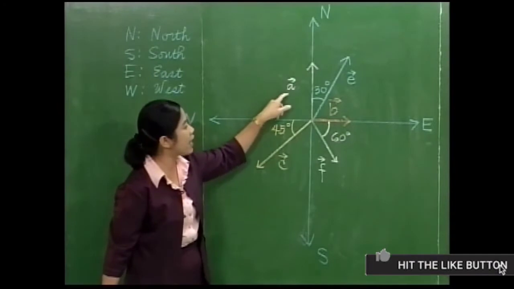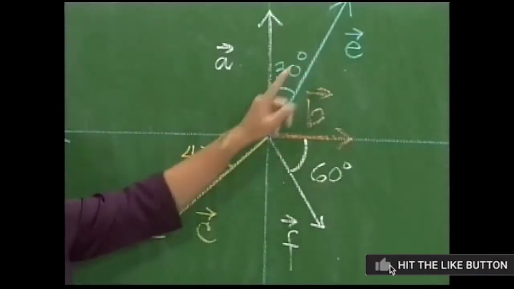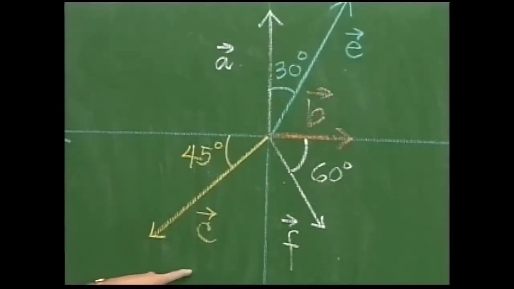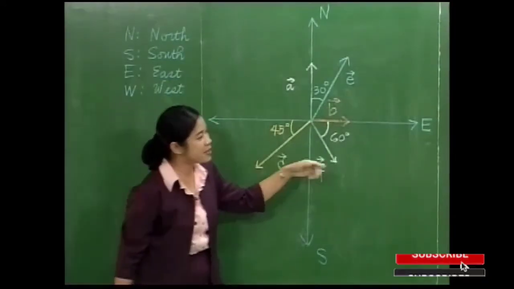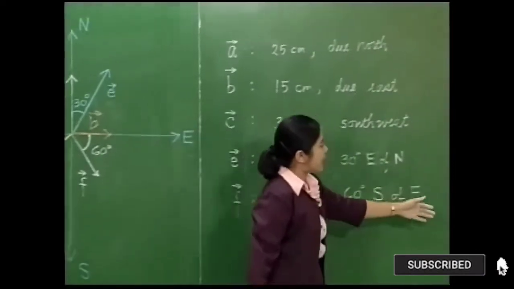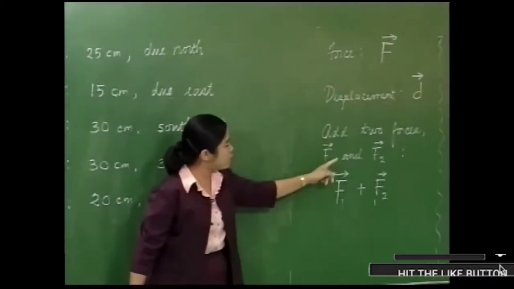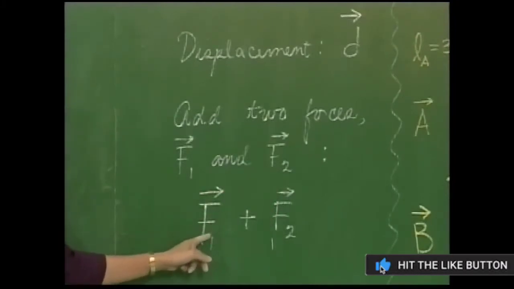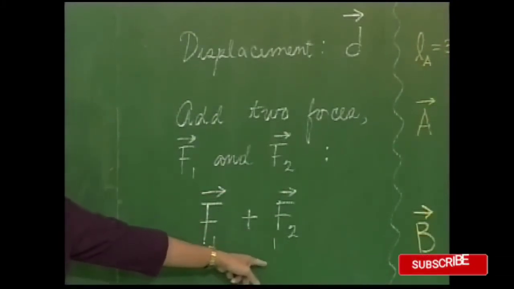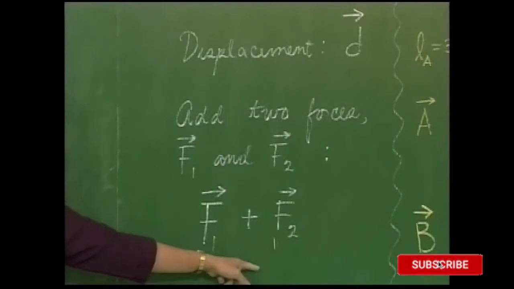Add vector A plus B plus E plus F plus C. What would you do? Suppose, for example, I said, when you add two forces, F1 and F2, you say F1 plus F2. Would you know how to add these vectors?